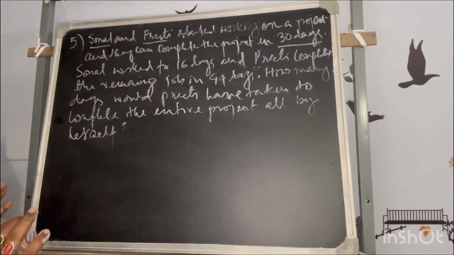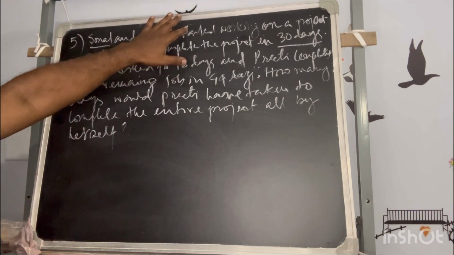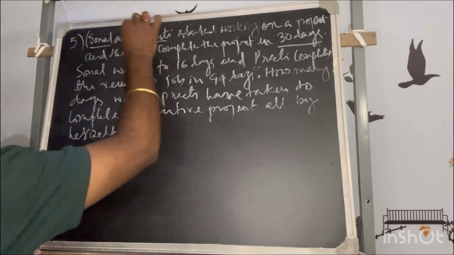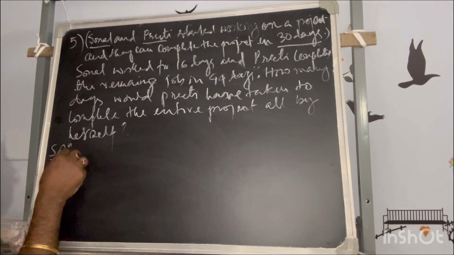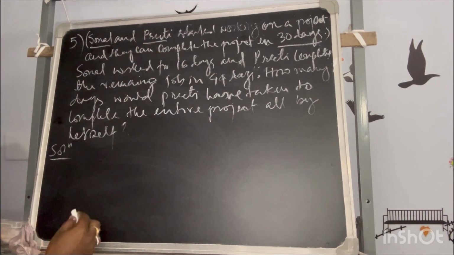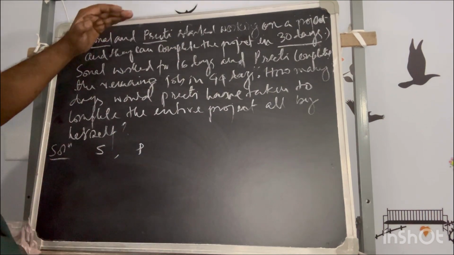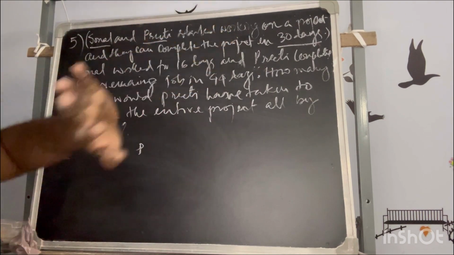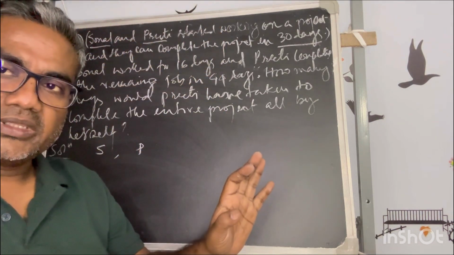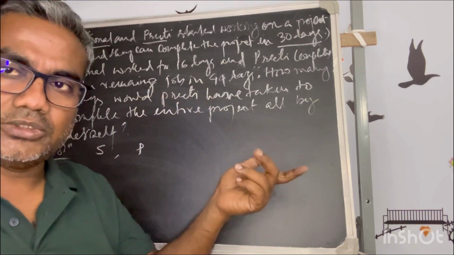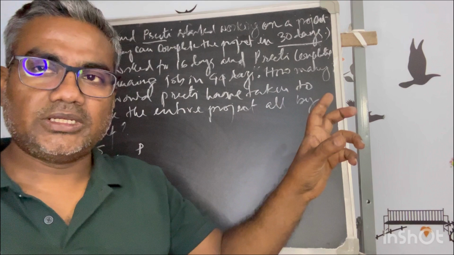So my solution starts from the first statement, and we can assume that Sonal takes S days and Preeti takes P days individually to do the job. That is my assumption, because individually both have the efficiency to do the job, they are working together to save time. That is the only intention.